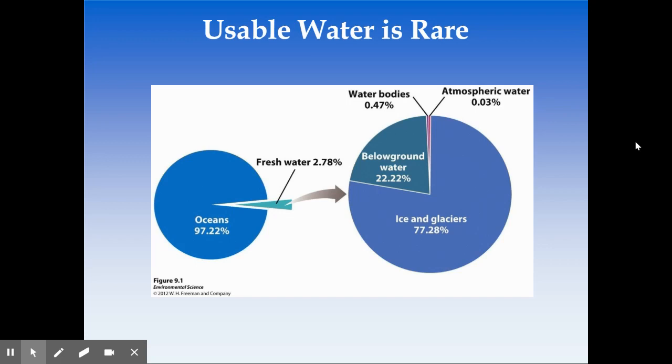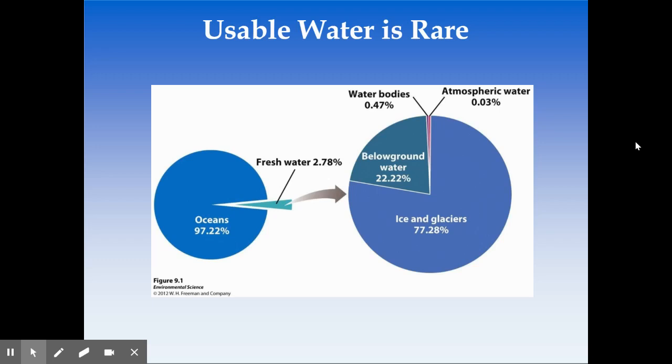Okay, so we already talked about this a little bit before we watched our explained video on the world's water crisis, but we know usable water on Earth is very limited as well as very rare, and that's because of the breakdown of water on Earth. Although the Earth is known as the blue planet, the majority of the water we find on Earth is salt water, right?